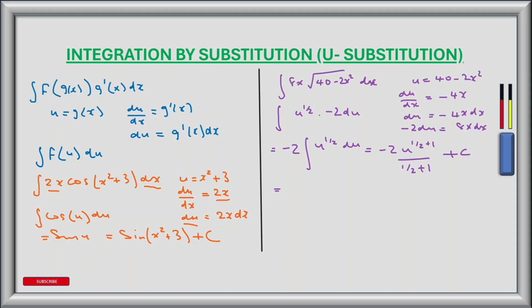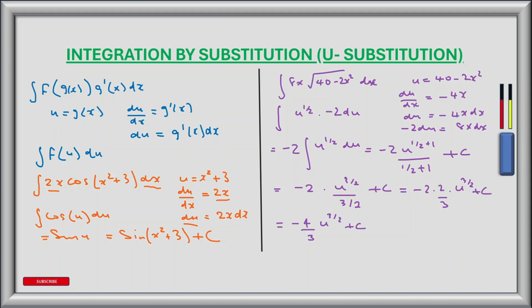So this is equal to minus 2 times u to the power of 3 over 2 divided by 3 over 2 plus c. So this is equal to minus 2 times 2 over 3 times u to the power of 3 over 2 plus c, which is equal to minus 4 divided by 3 times u to the power of 3 divided by 2 plus c.